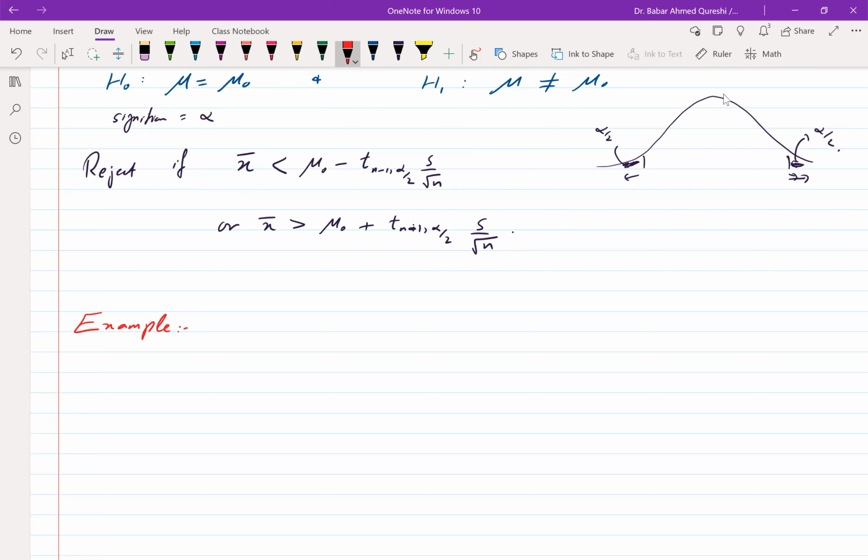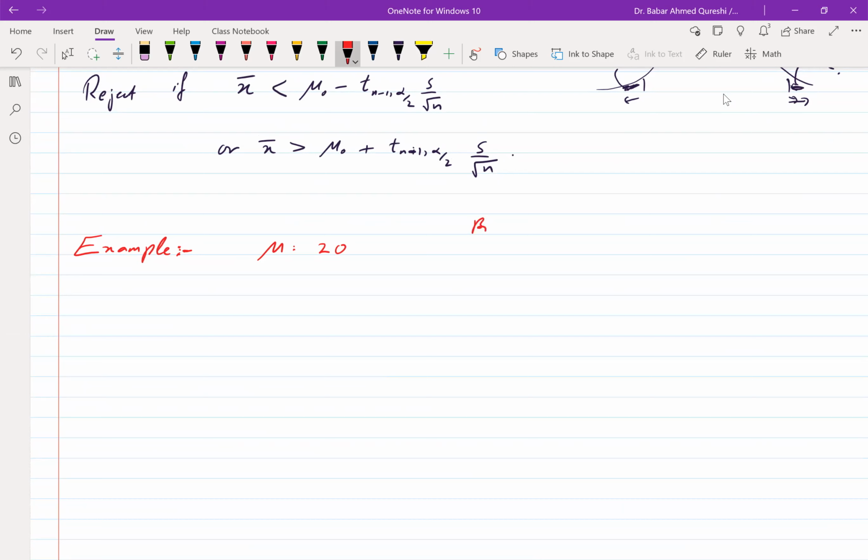So maybe let's say there are some boxes which are being filled, and it is claimed that the average weight is 20.